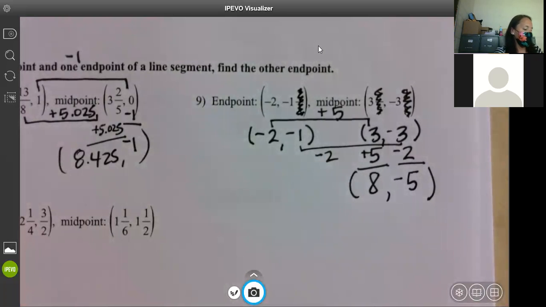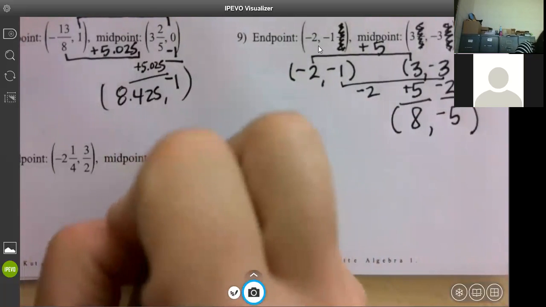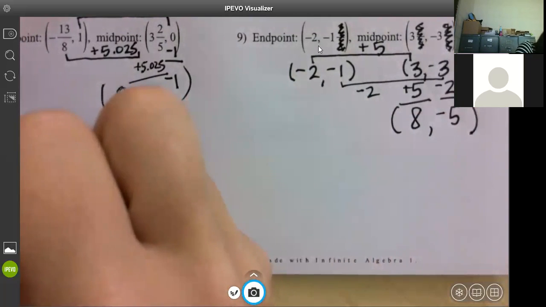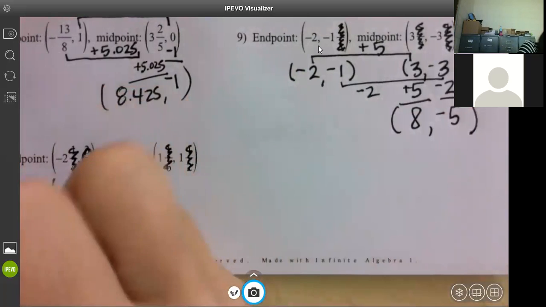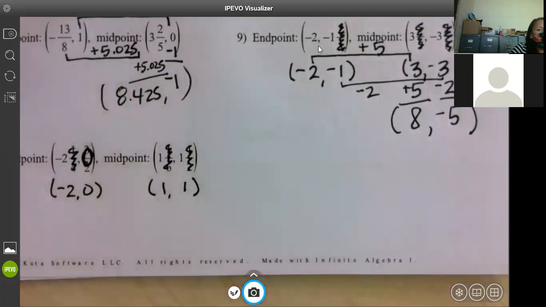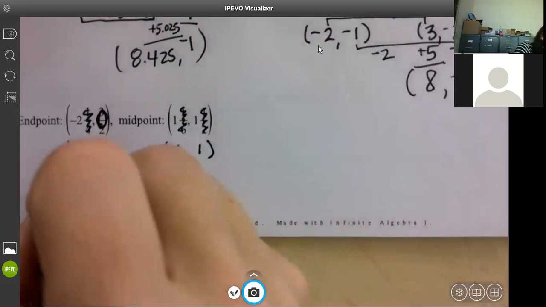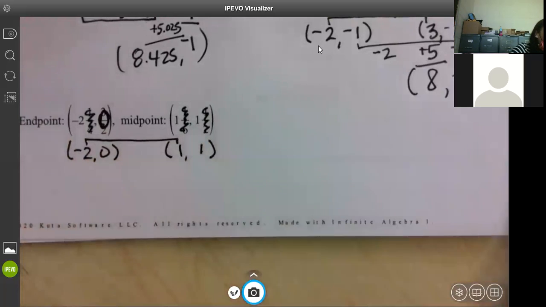Okay. I'm going to do it again with different coordinates. Let's make this one a full 0. So here are your coordinates. Negative 2, 0, and 1, 1. How far is it from negative 2 to positive 1?